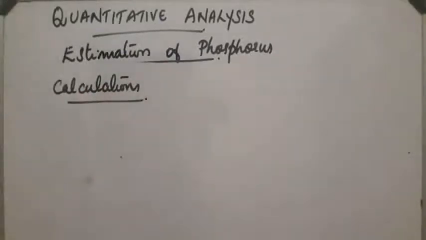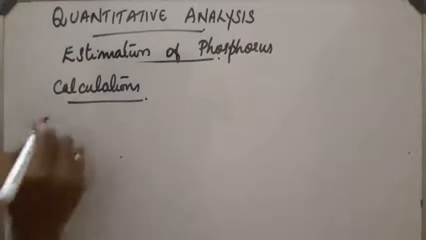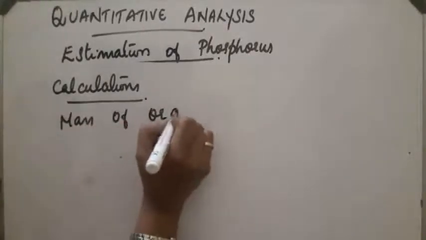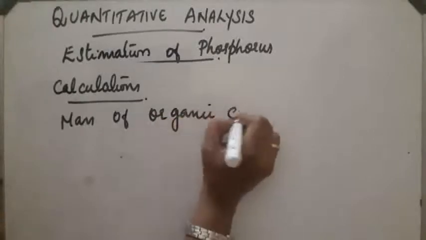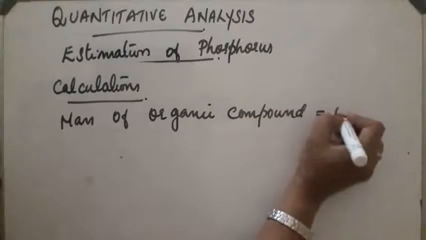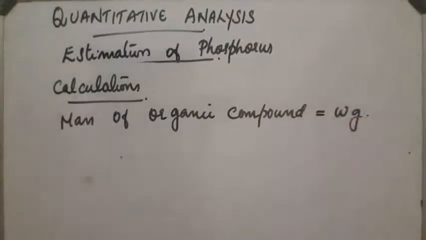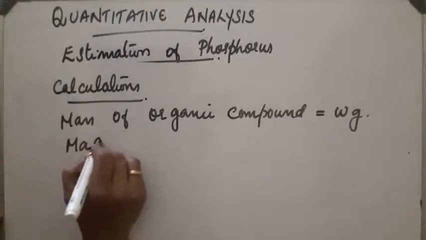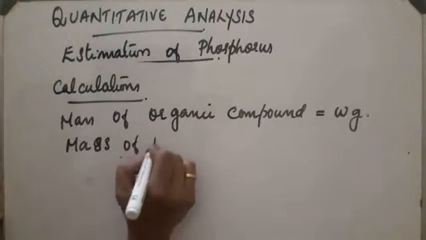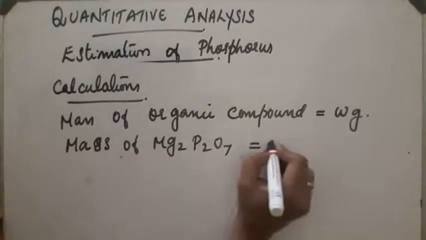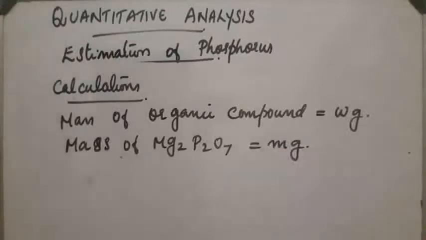Let the known mass of the organic compound be W gram. The mass of Mg2P2O7 precipitate, let it be m gram.